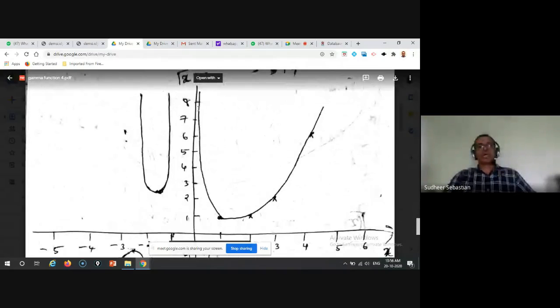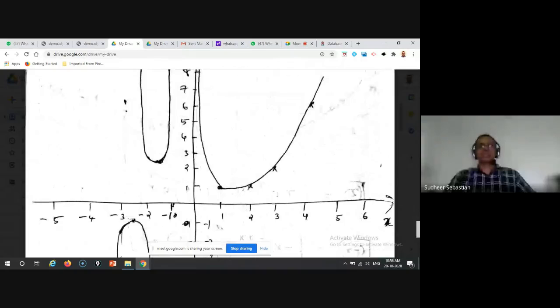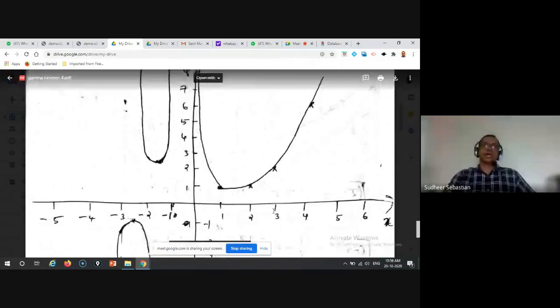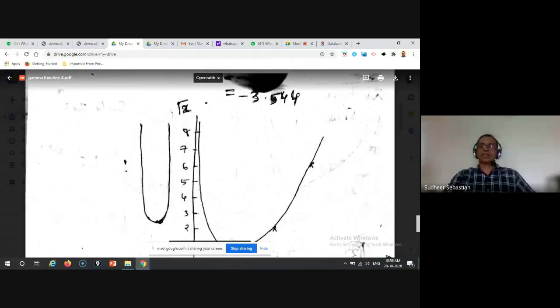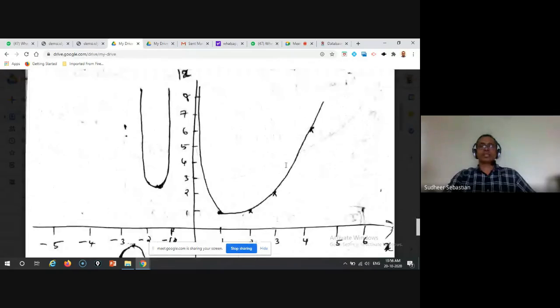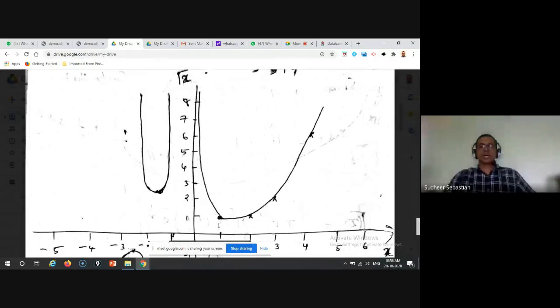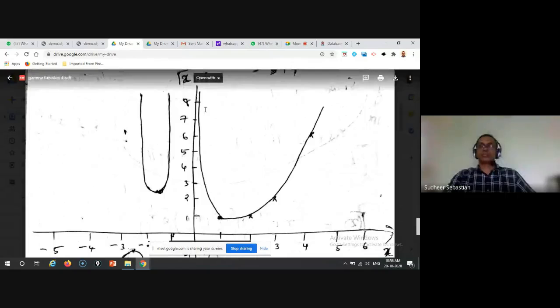This is how the gamma function is varying. See, you know gamma 1 is 1, gamma 2 is 1. Here on the x-axis I have taken x, and on the y-axis gamma x. And this is how it varies. Gamma 0 is infinity.